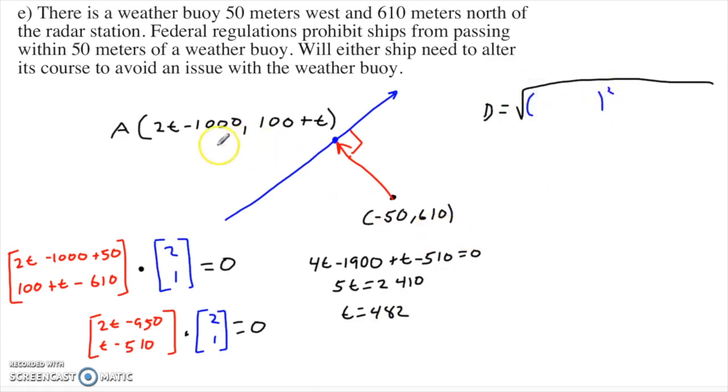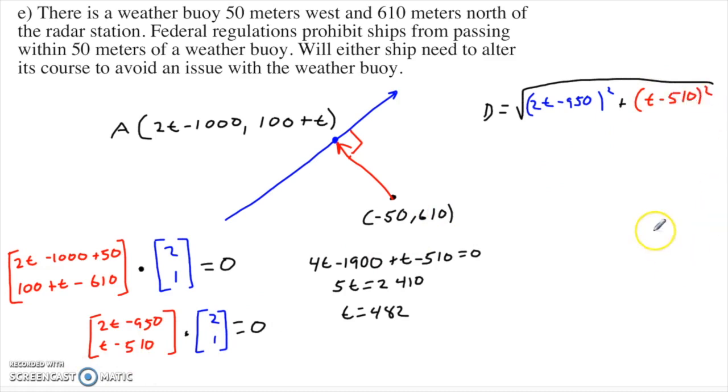Well, it's the difference between this point and this point's x coordinates. But we already figured that out, didn't we? That's this number right here, the 2t minus 950. So I'm just going to pop in there 2t minus 950. And I'm going to add to that the square of the delta y. And again, delta y is the difference between that coordinate and that one, which we've already figured out. It's t minus 510.